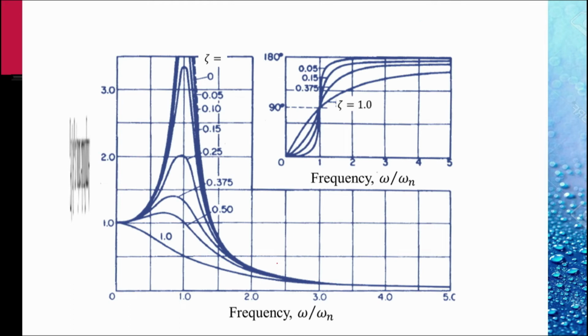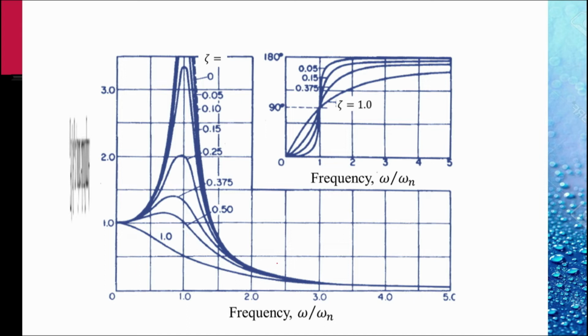The results have been plotted in this picture. This first graph on the left shows how the amplitude changes with the frequency ratio omega by omega n, and the inset graph shows how the phase angle varies with the frequency ratio omega by omega n for different values of zeta, the damping parameter.